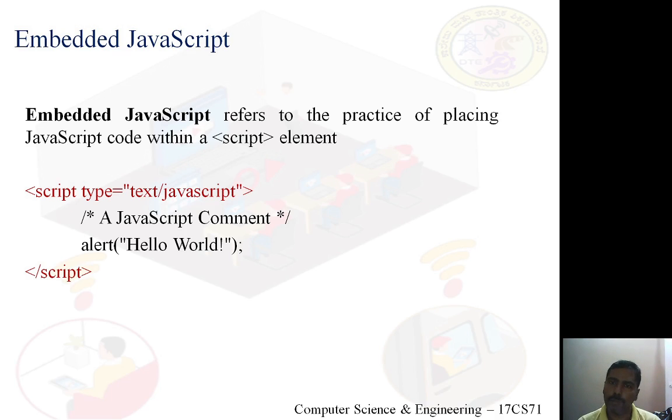Now, embedded JavaScript refers to the practice of placing JavaScript code within a script element. As you can see in the slide, I have enclosed one JavaScript code, an alert with the hello world as an argument to it. And this JavaScript is enclosed within the HTML element script.